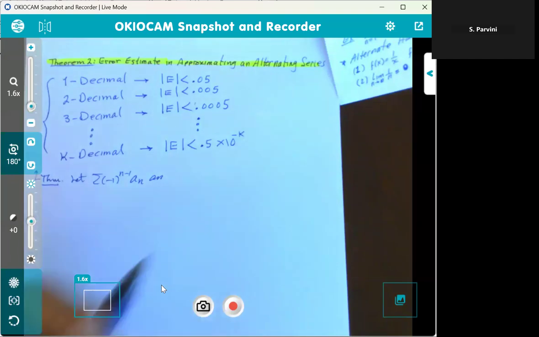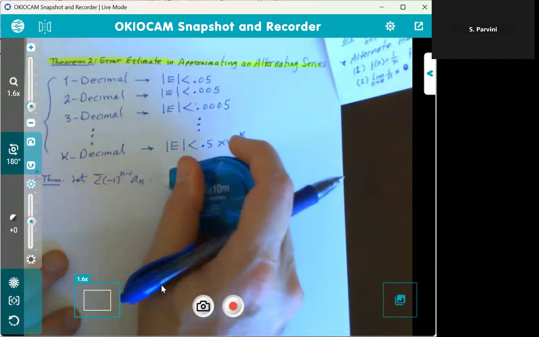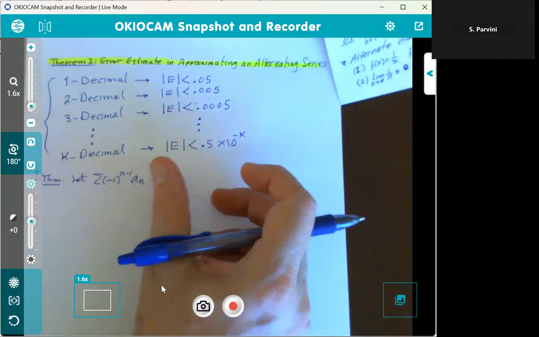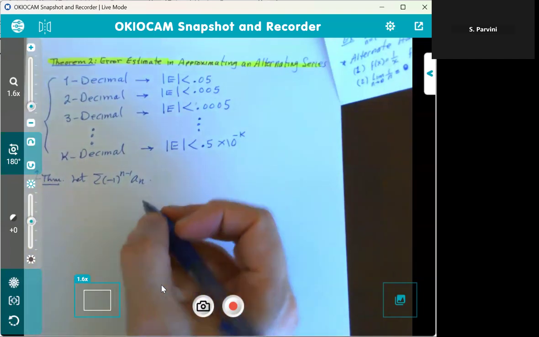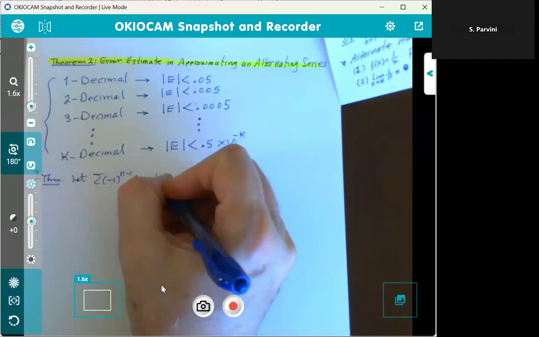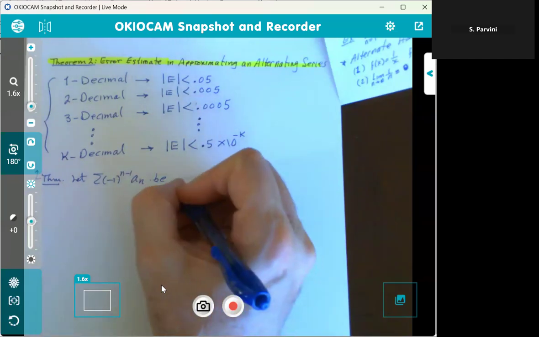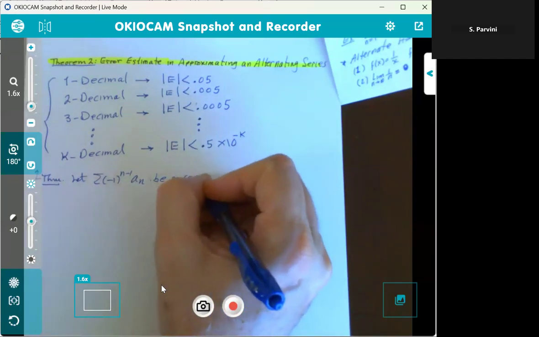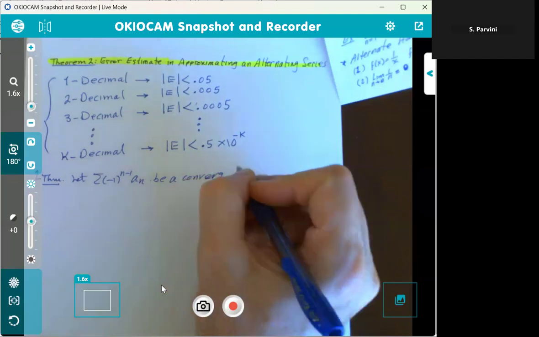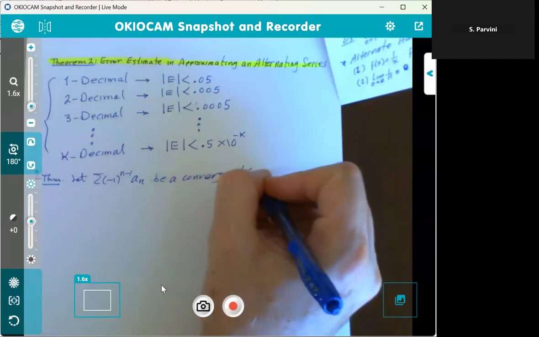Let me erase this part. So suppose we have an alternating series, and let this series be a convergent alternating series.